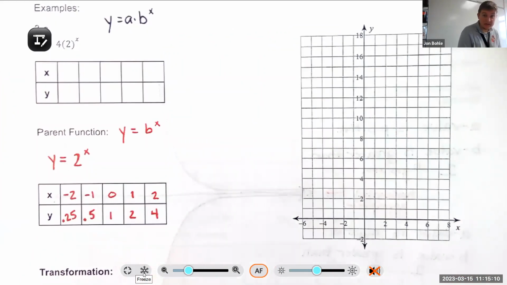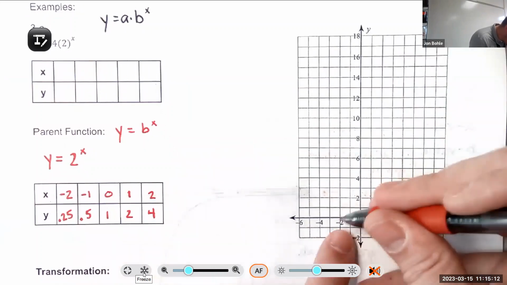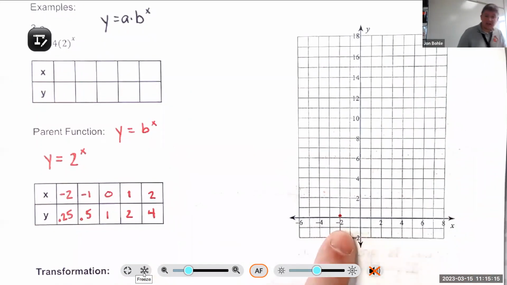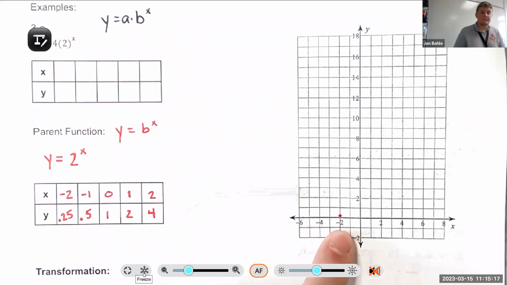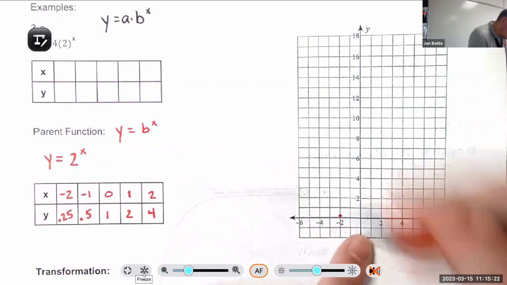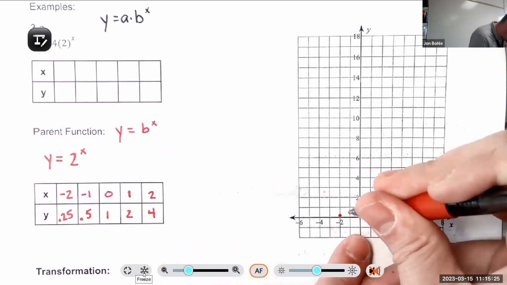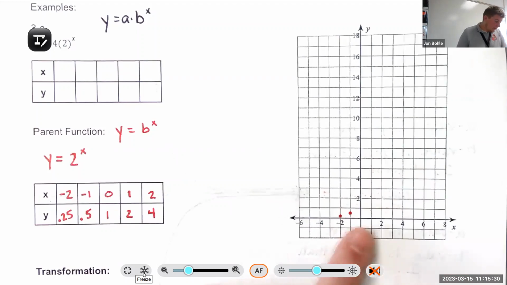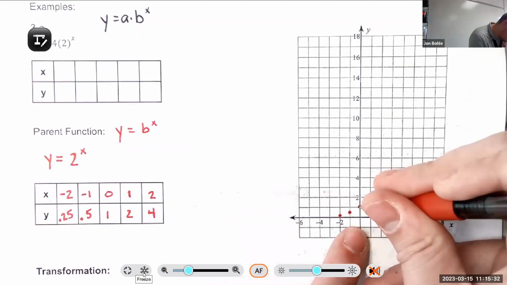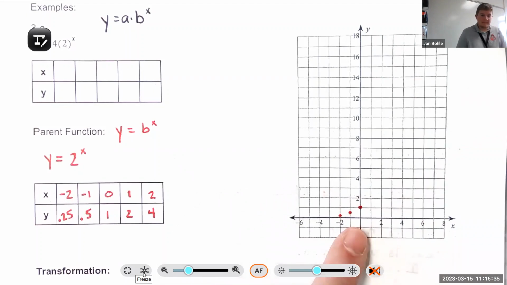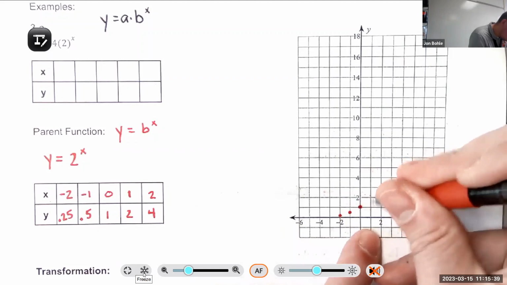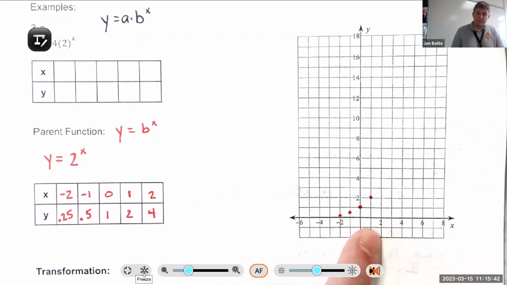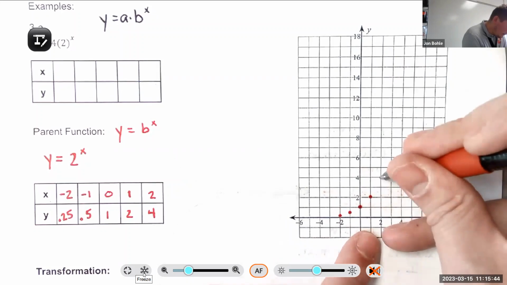So now I'm going to try to plot these to the best of my ability. Negative 2, 0.25 is pretty close to the x-axis. Negative 1 and then 0.5, that's right in between 0 and 1. 0, 1. 1, 2. 2, 4.